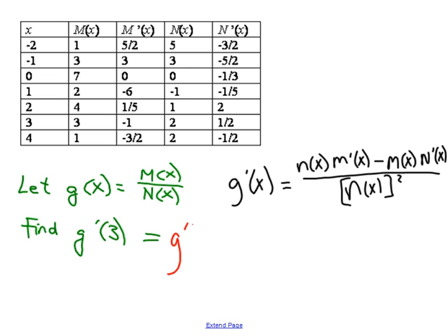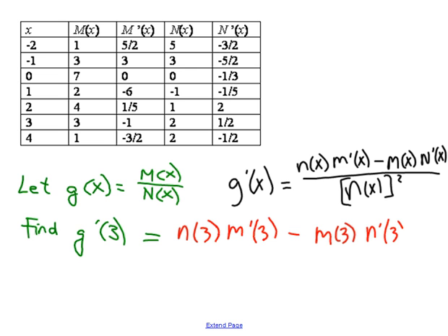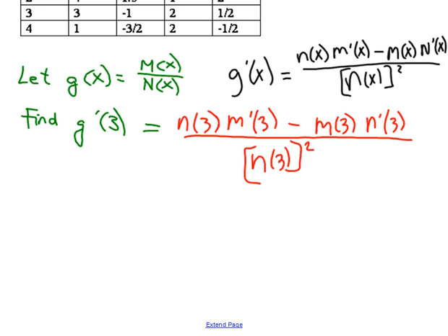So g prime at 3 is going to be n of 3 times m prime at 3 minus m of 3 times n prime at 3, all over n of 3 quantity squared. All right, now we just go use our tables and we go figure out what all these numbers are.